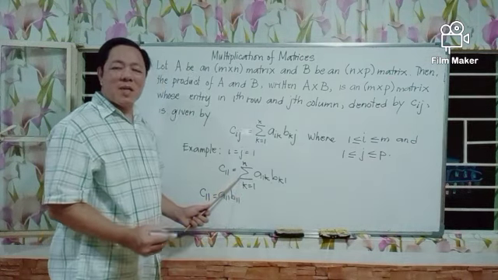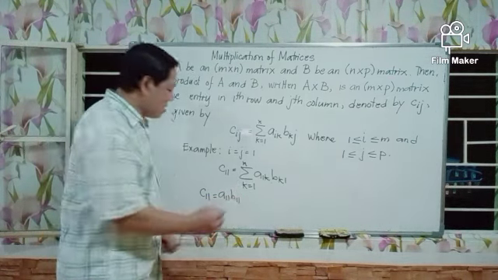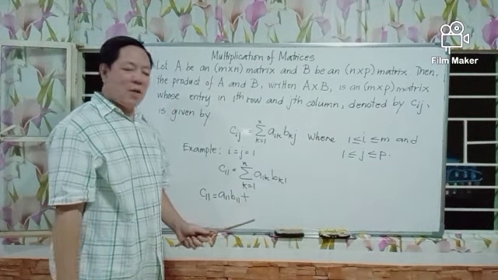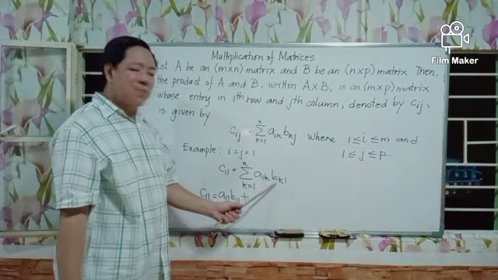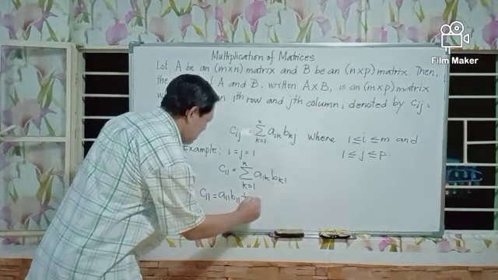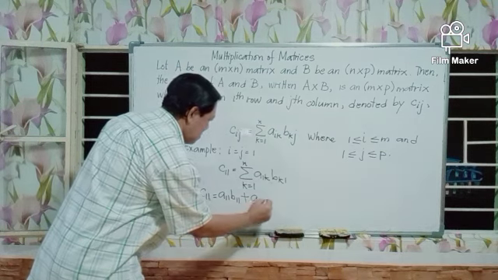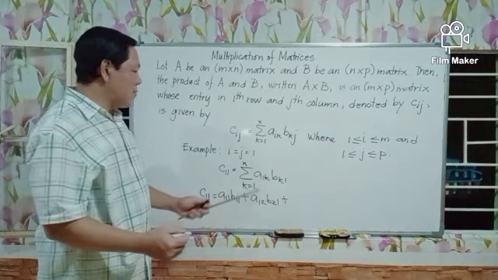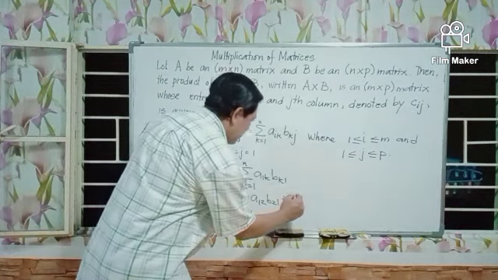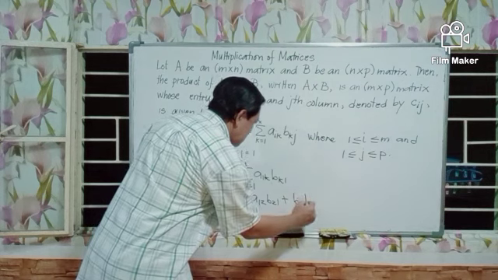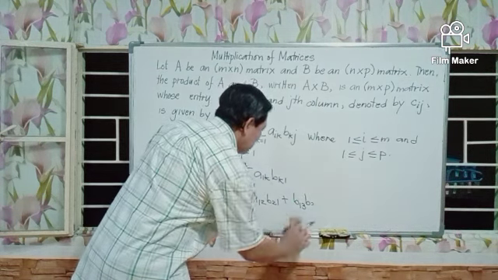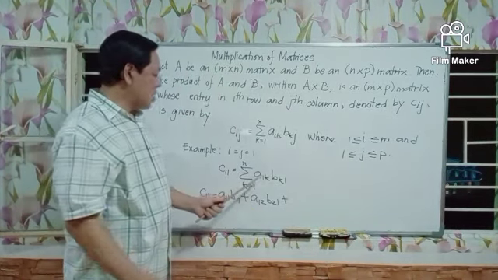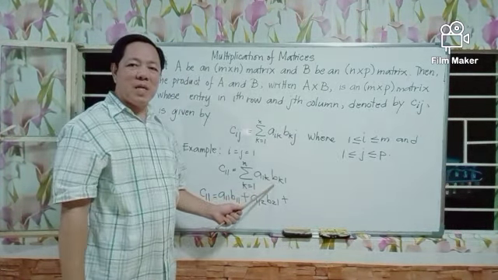The operation indicated by sigma is addition, so we write plus. If K is 2, we get A 1,2 B 2,1. The next value is 3. If K is equal to 3, we get A 1,3 multiplied by B 3,1.